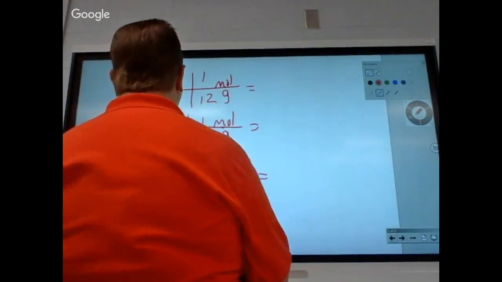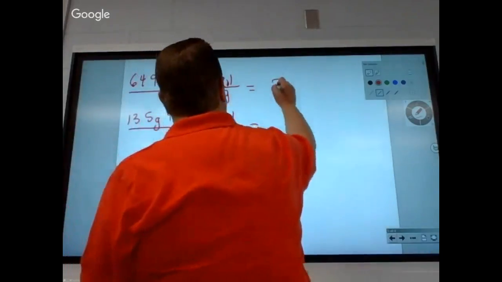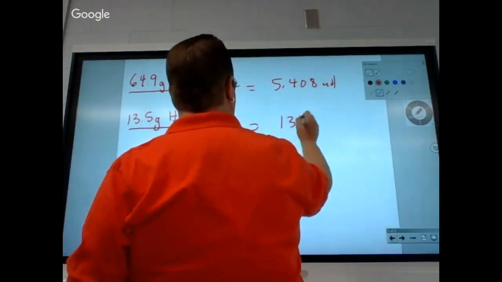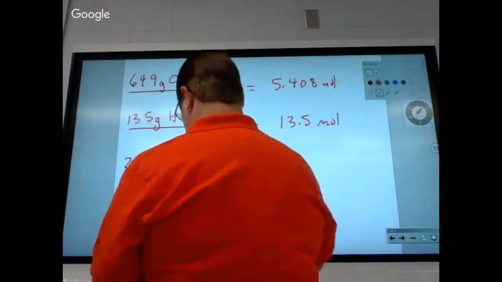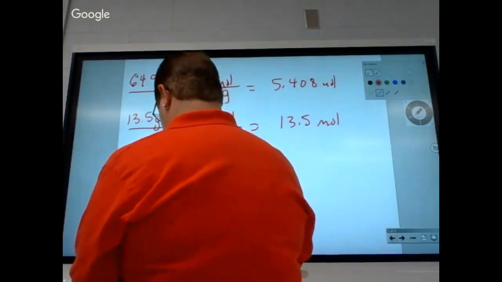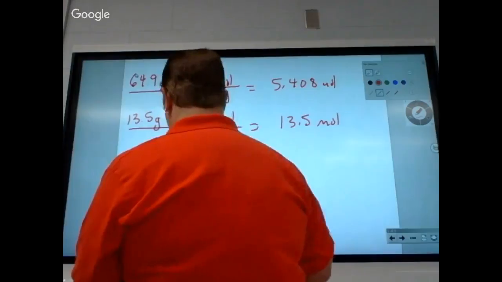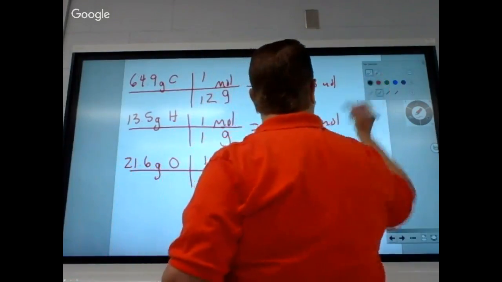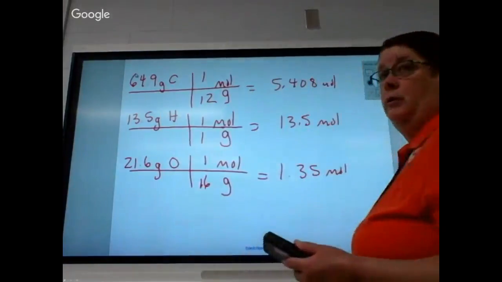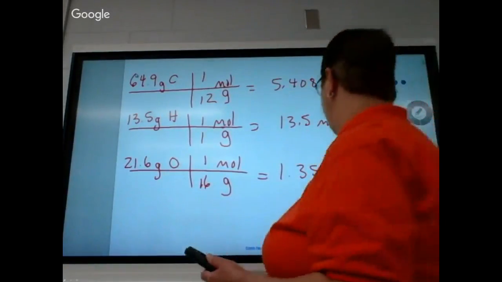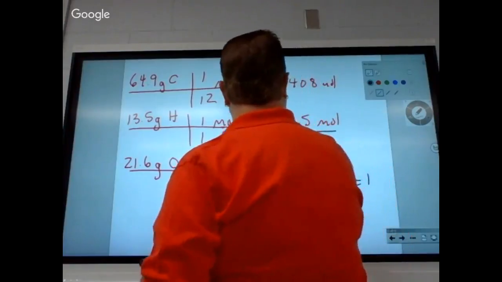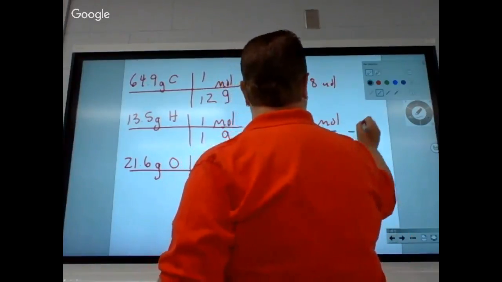64.9 divided by 12 is 5.408 moles, 13.5 moles, and 21.6 divided by 16 moles. All right, so once I have the moles, I'm dividing by what? Yep, 1.35 because it's the smallest. 1.35 here is going to give me 10.